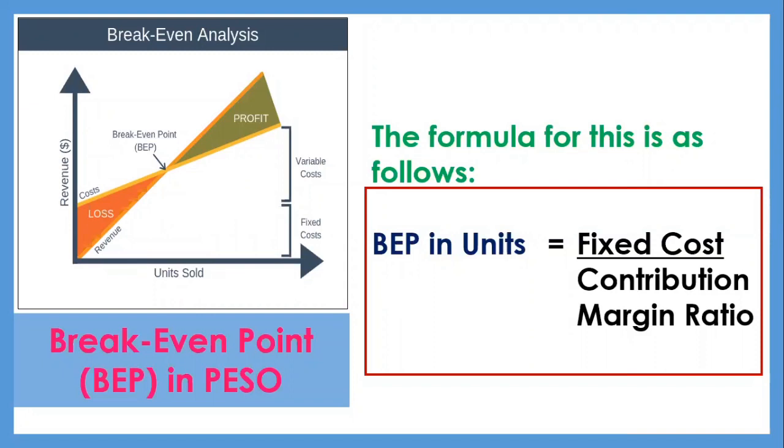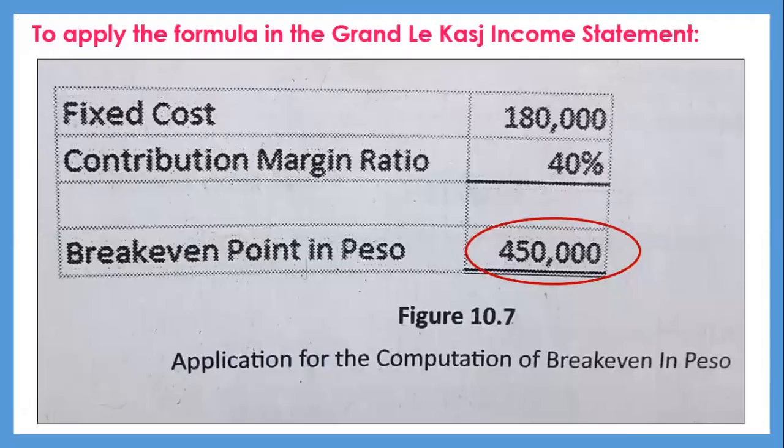Now, in order to apply this formula in the Grand Lecas income statement, our fixed cost is 180,000, divided by the contribution margin ratio of 40%, and therefore our break-even point in peso would be 450,000 pesos. Again, this is the application for the computation of break-even in peso.